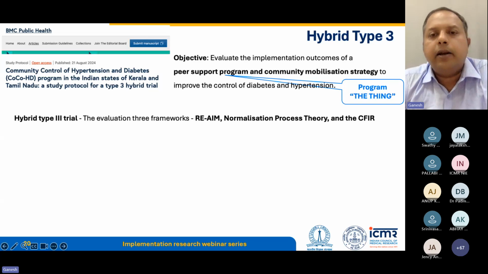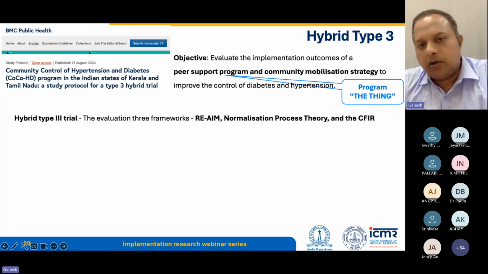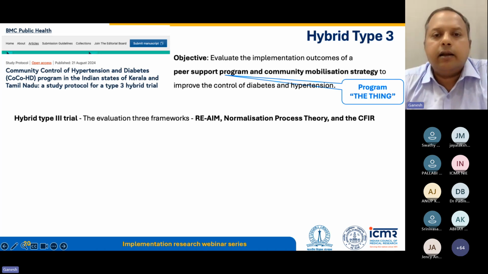Please understand, in a hybrid type 3 trial, the primary objective is evaluating the implementation outcomes. In hybrid type 2 it is co-primary. We will be evaluating the clinical effectiveness also, and the implementation outcomes also. Both we could do. And there are certain design considerations which I will touch upon.